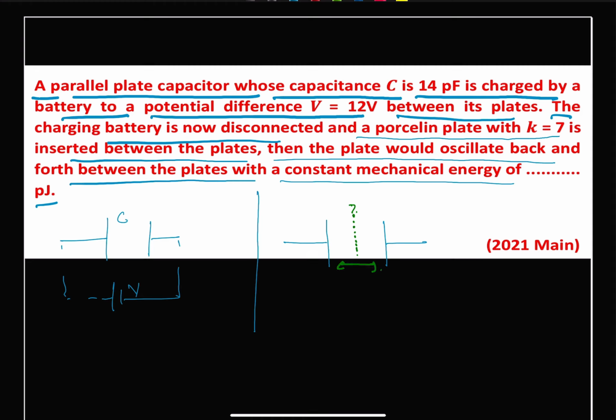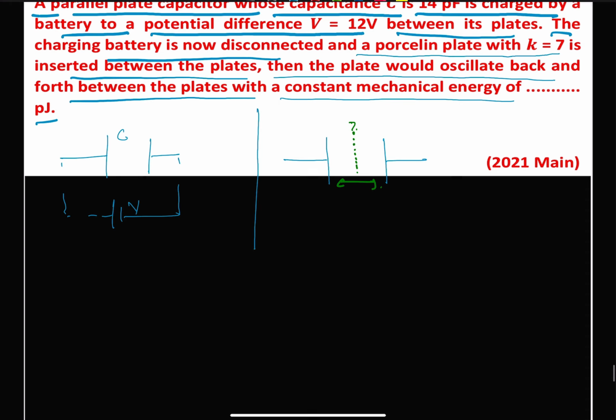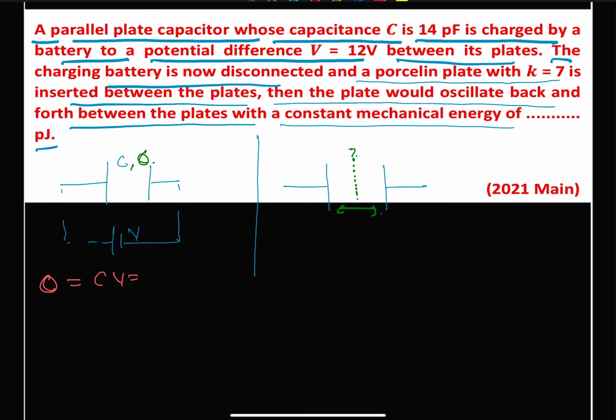Okay, so here charge is going to remain constant because the battery is disconnected. So let's find out the charge before the insertion of the plate. Let's suppose that charge is given as Q. So we can see our Q is equal to C times V, which is 14 into 10 to the power minus 12 multiplied by 12.